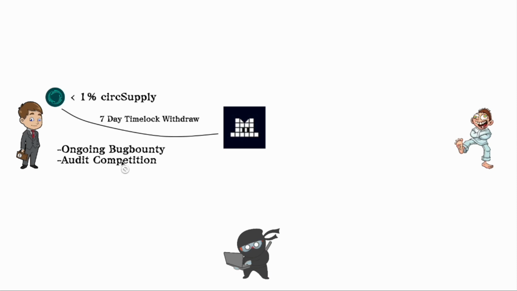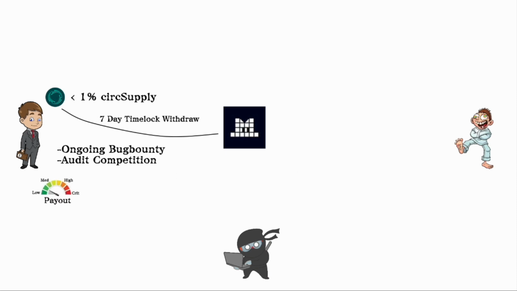Now they do have a 7-day time lock withdrawal, and that's to protect the workers, the ninjas here. If they start auditing or submit something, they don't want everybody going, oh, it was submitted, let's pull out, right? So, ongoing bug bounties, audit competition.